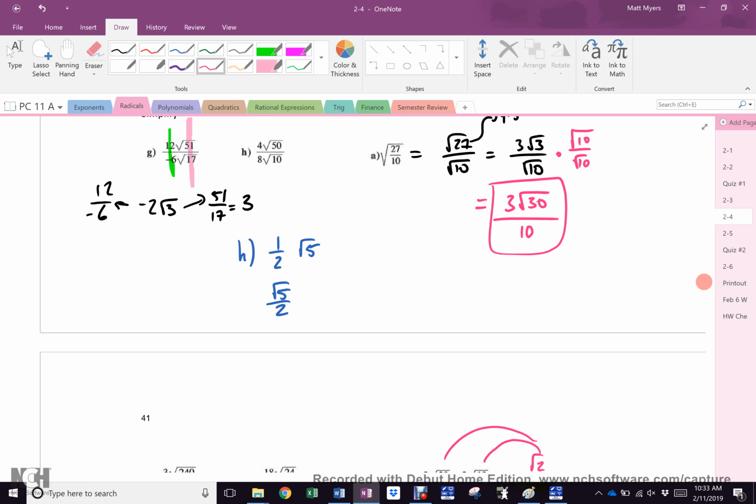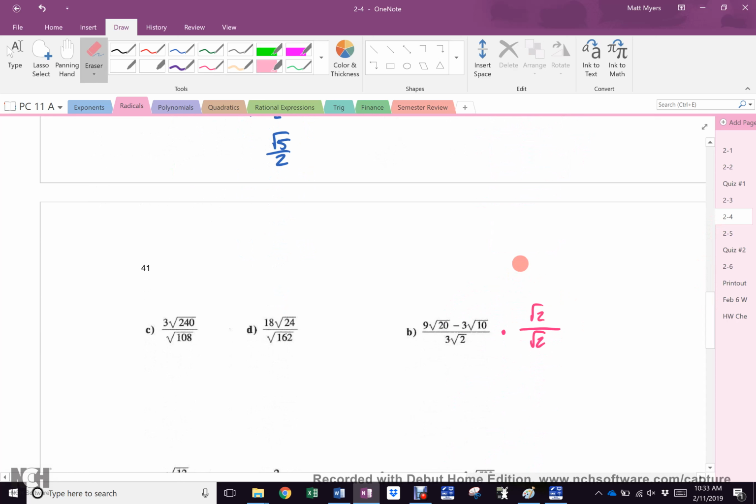Yeah. Now, I lied. Ladies and gentlemen, if you don't mind an extra step, you could multiply this by 3 root 2 over 3 root 2, which would give you a denominator of 9 root 4, which would give you a denominator of 18.